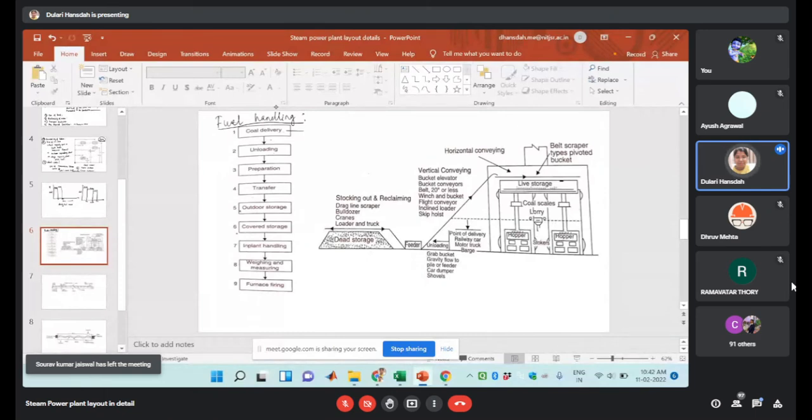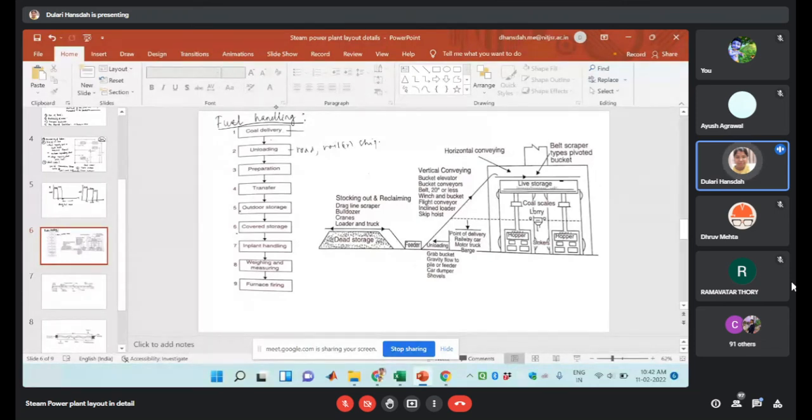Then there will be the unloading process. The unloading process will be done by the different handling modes or outside plant handling modes: road, rail, or ship.